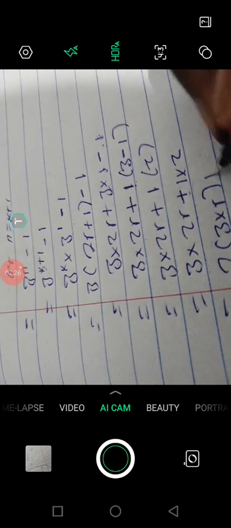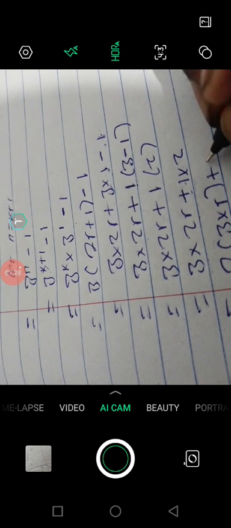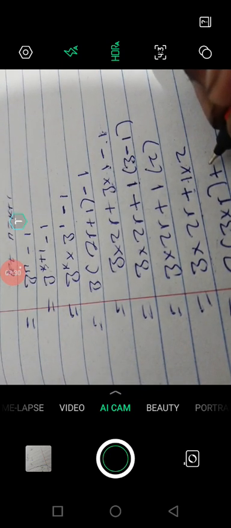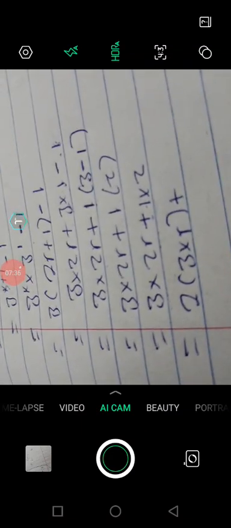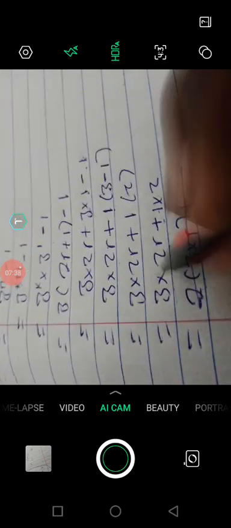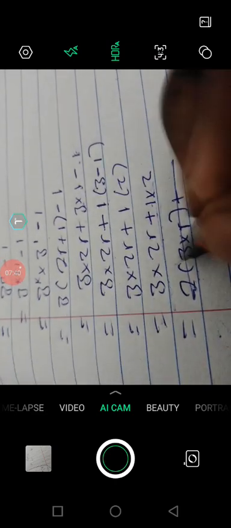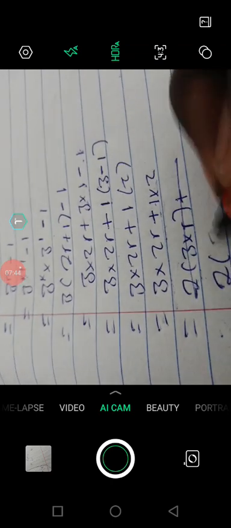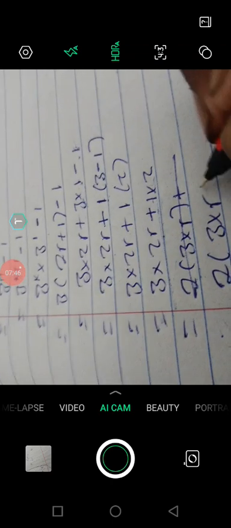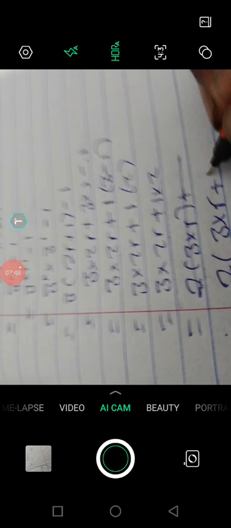Plus, what is common here is 2. Then I remain with 3 times r plus 1 times 1.